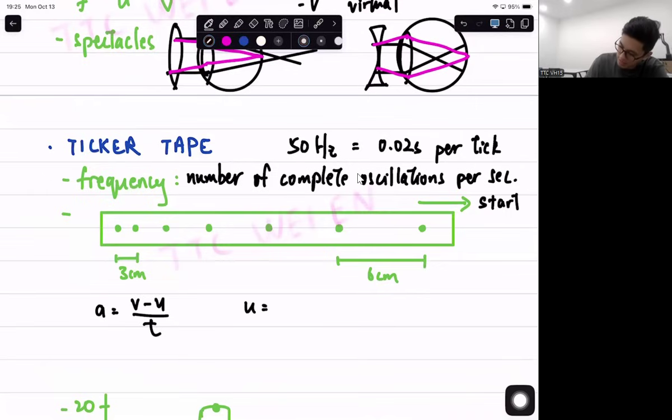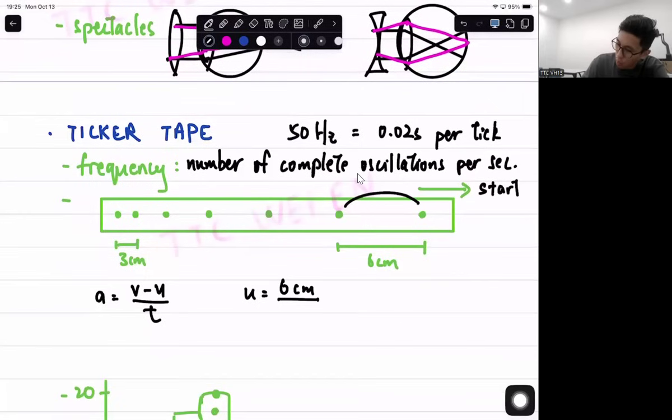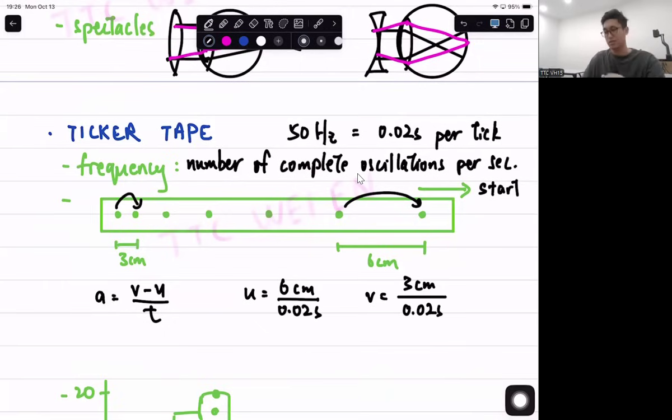Your U is the 6 centimeters divided by, this is 1 tick. So 0.02 seconds. The V will be the other side of 3 centimeters divided by also 1 tick. So 0.02 seconds.